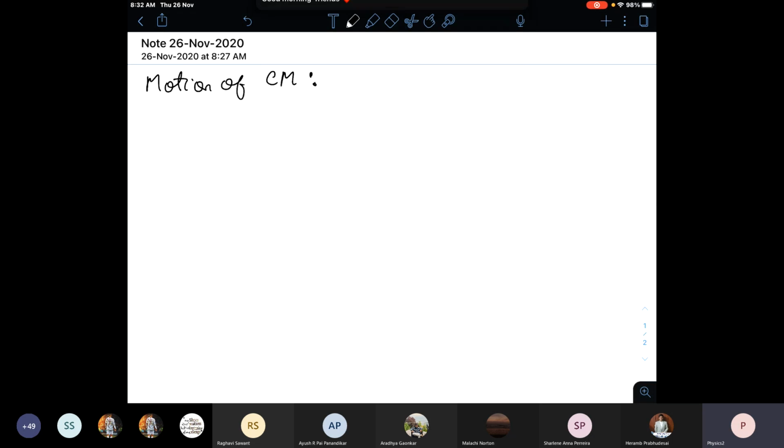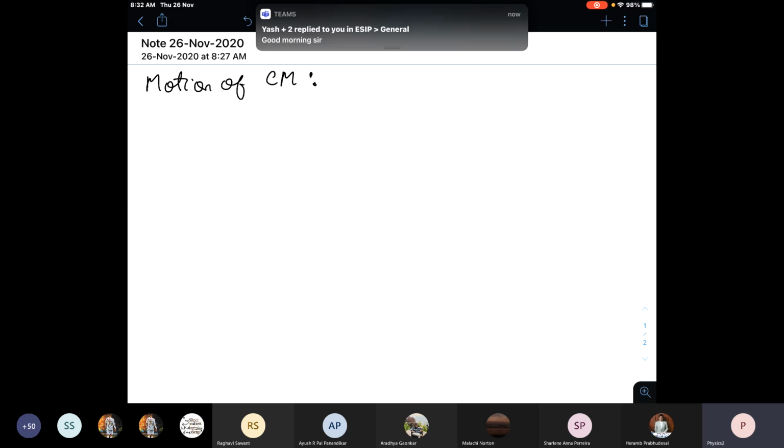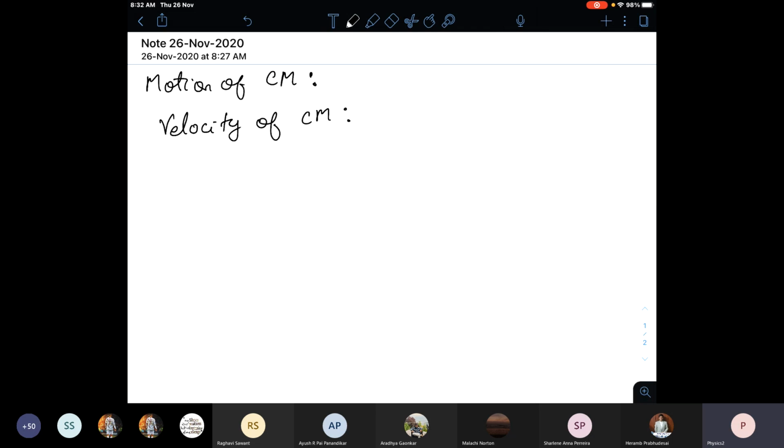Okay. So first of all, we will talk about the velocity of center of mass. Previously we had defined the position of center of mass. Suppose x is the position of center of mass, so we can write that as m1 x1 plus m2 x2 upon m1 plus m2 and so on.